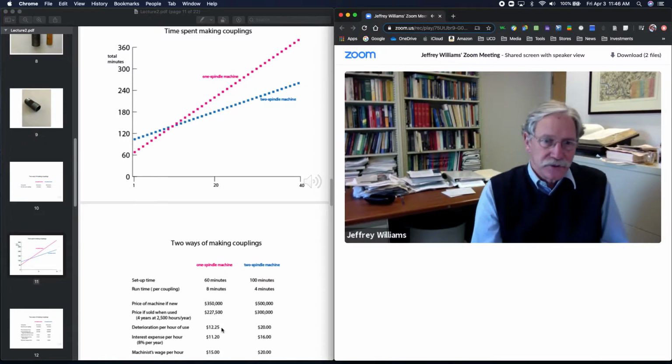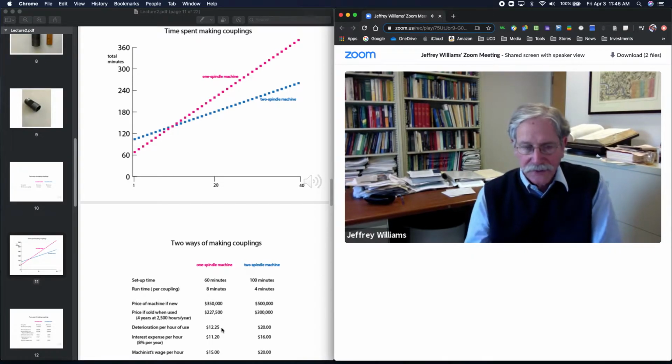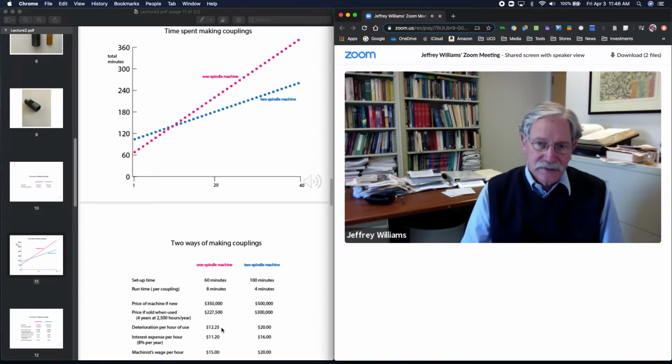So I'm saying there's a deterioration of costs, there's an opportunity cost or an interest expense on the investment in the machine, and that also is relevant to the machinist's wage. This is the issue that was in that article, and many of you noticed that you said it was just the wages that determine what's the right pricing here.